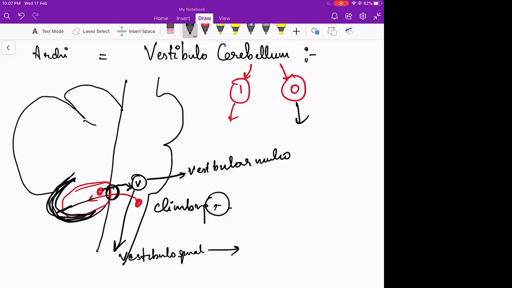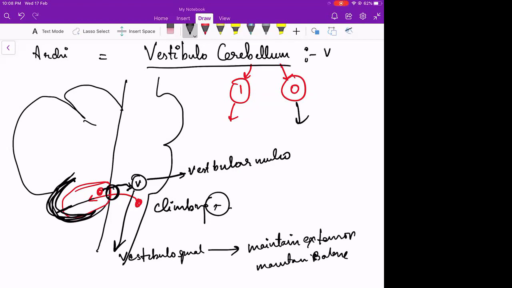This will maintain the extensor tone and maintain the balance. So the function of the vestibulocerebellum as a whole is to maintain the balance.